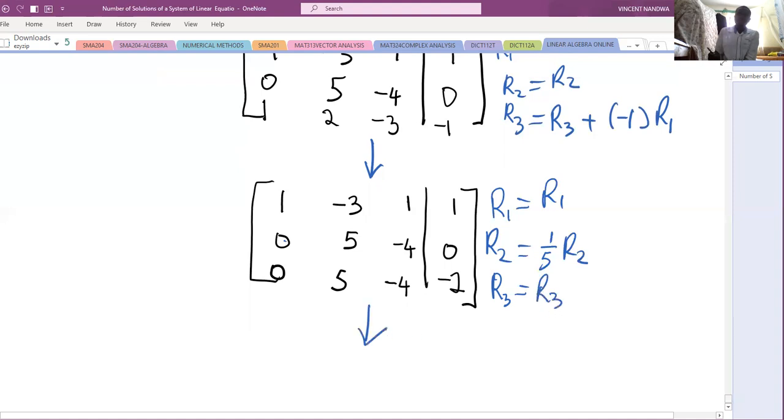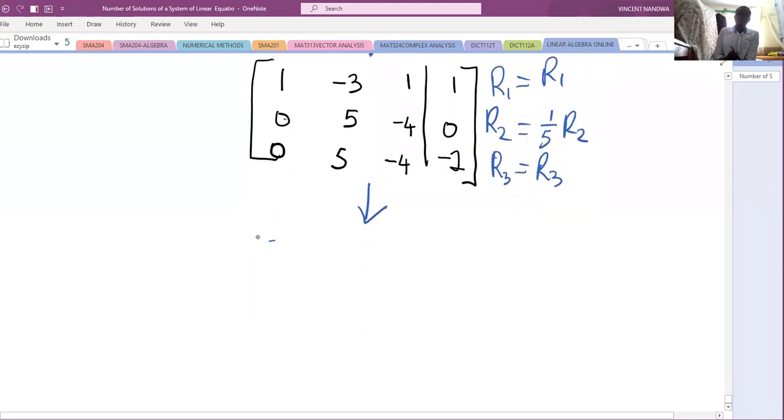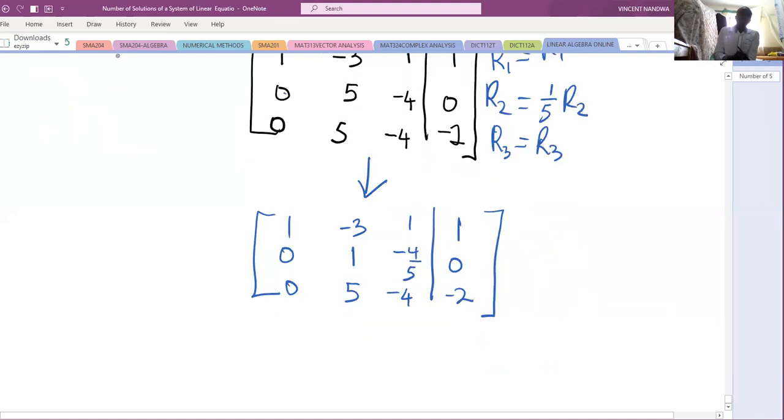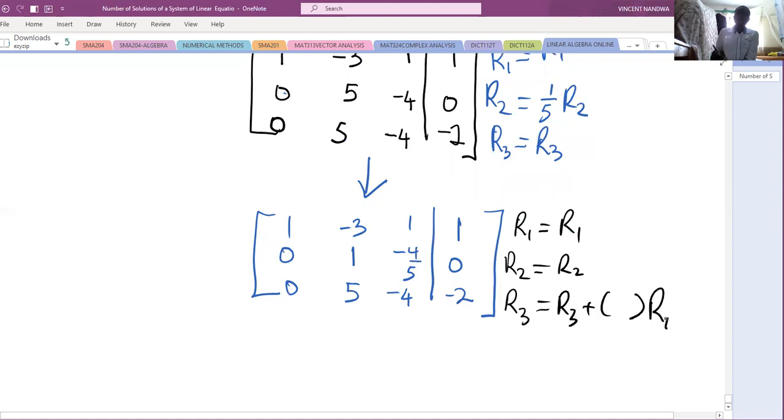So this will lead us to 1, -3, 1, 1, 0, 1, -4/5, 0, and 0, 5, -4, -2. And so we expect to have 0 here. So therefore we say row 1 to be row 1, row 2 to be row 2, and then row 3 to be row 3 plus row 2.